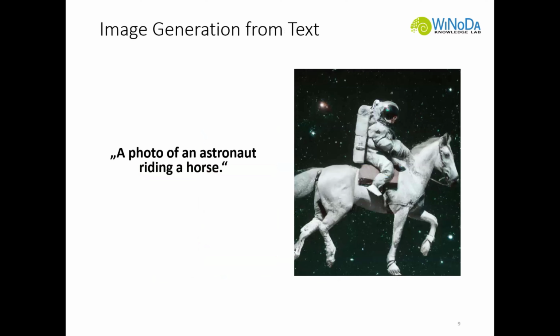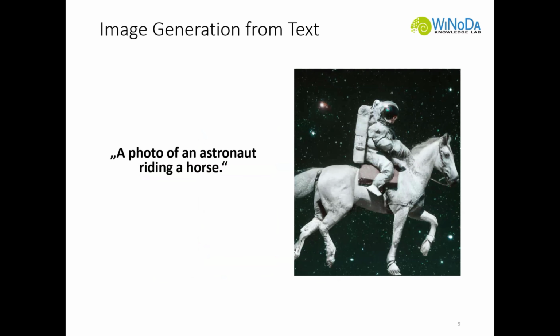Speaking about generation, this is maybe something that many of you have played with already. Image generation from text became incredible over the last maybe 2 years. The quality of the generated images is oftentimes such that you cannot really tell whether the image has been taken by a professional photographer or whether it was generated.